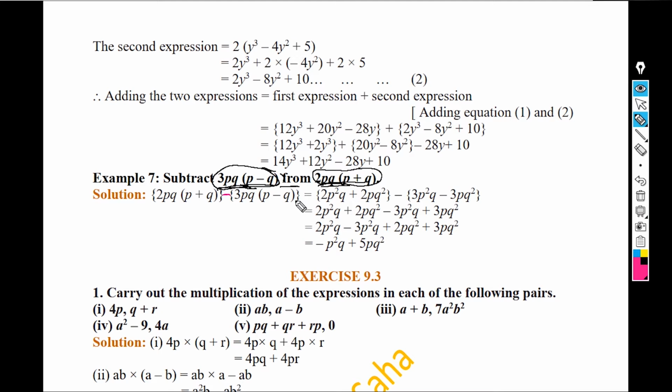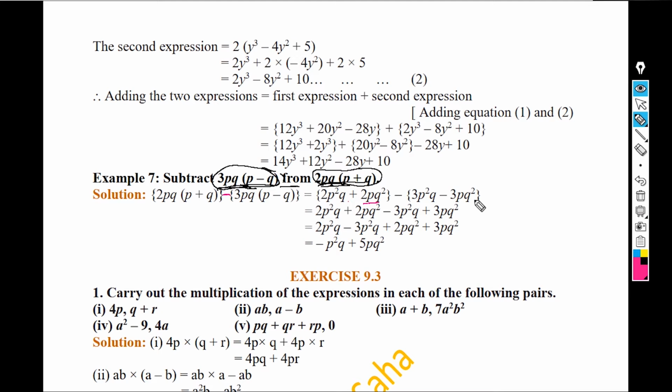First of all, simplify the bracketed term, second bracketed term, that is 2p square q plus 2pq square minus, inside the bracket, 3p square q minus 3pq square.